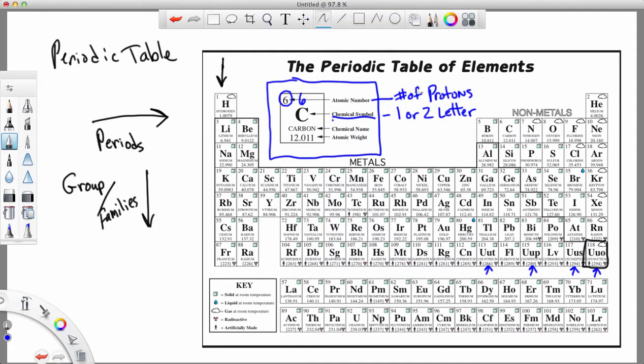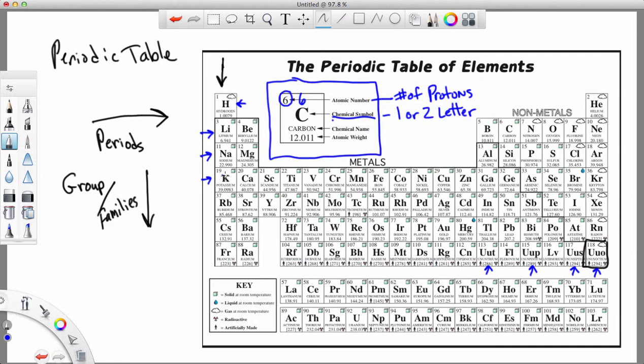In addition to the atomic number and chemical symbol, there's also the name, which is written in each box. So over here we have hydrogen, and then lithium right underneath it, followed by sodium and potassium. You'll see that some of the letters of the chemical symbol don't really match the names.